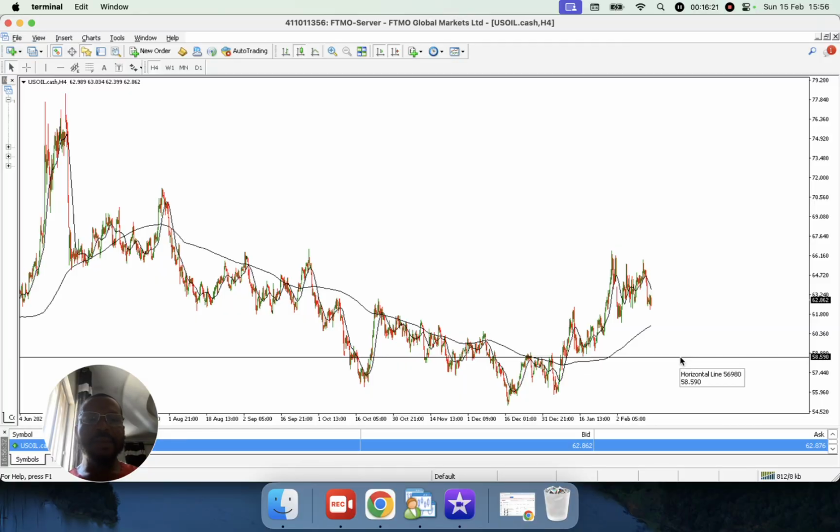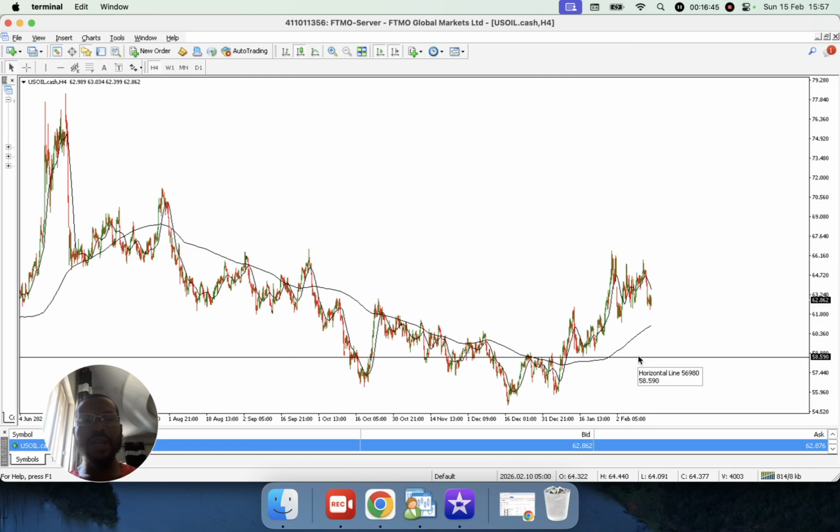So my bias for the US oil is still bullish. I'm still bullish on the US oil because I can see that the market left this point, and the market left this point. As long as price is still trading above 58,590, the market is still bullish.